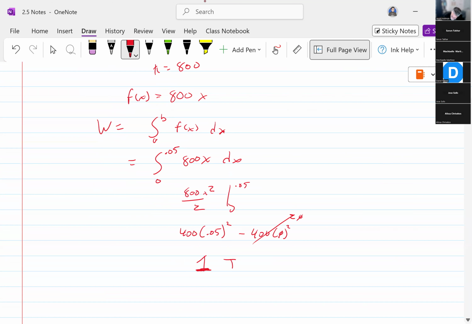This is exactly 1 joule of work. Exactly 1 joule of work, 1 Newton meter.